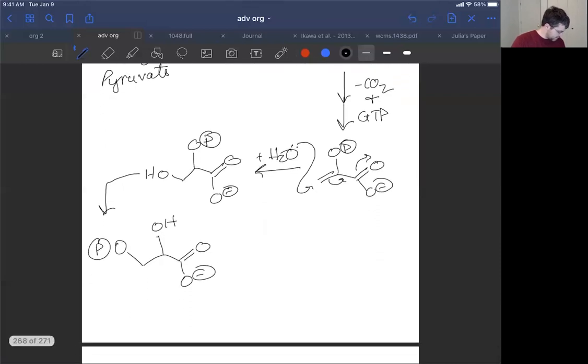Now it's at this point that we need to put a phosphate at the end of the chain on the carboxylic acid group, and then we need to reduce that to an aldehyde. So we're going to add some ATP in, and the ATP is going to provide a phosphorus group.